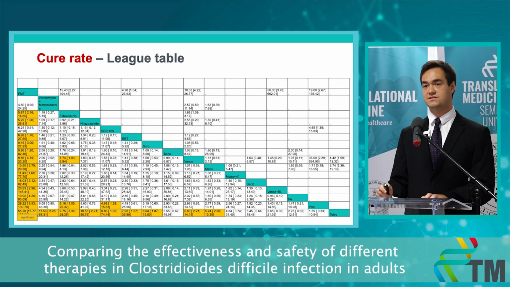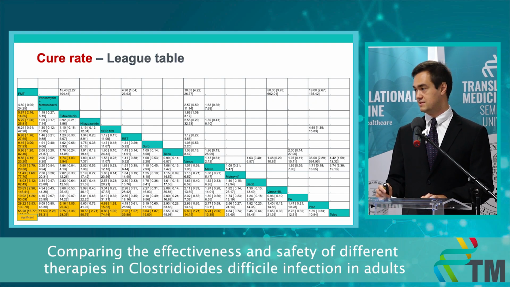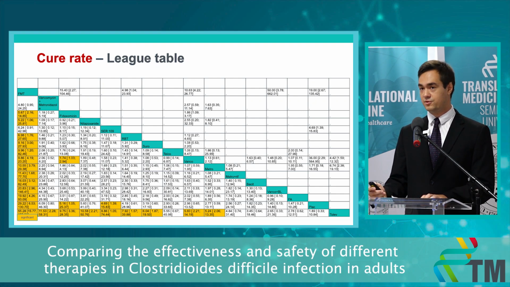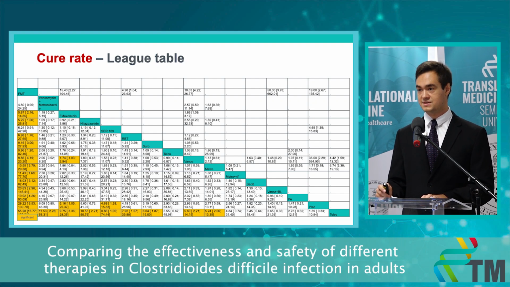The confidence interval is shown in brackets. If both elements are greater than 1, we can say the result is mathematically significant. So for example, in the previous example, the FMT fidaxomicin comparison, because both elements are greater than 1, we can say it's a mathematically significant result.